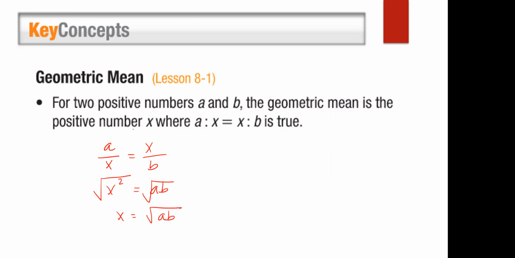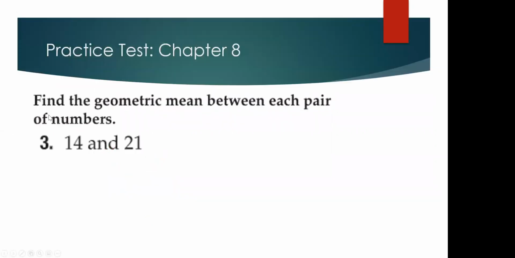Okay? All right, so let's look at an example here. It says to find the geometric mean between each pair of numbers. We have 14 and 21.